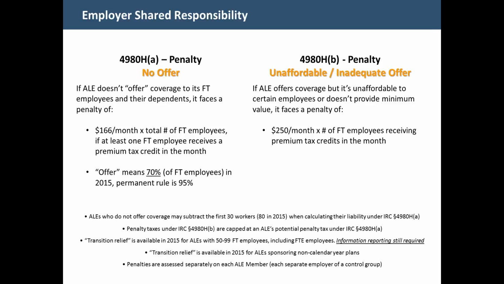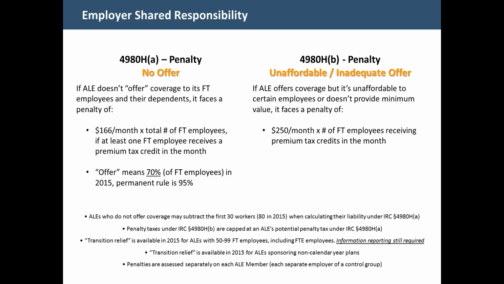There is some important transition relief that applies in 2015 only. Firstly, there is relief for employers that have between 50 and 99 full-time employees, including full-time equivalent employees. They are not subject to 4980H if they can meet certain transition relief criteria, but they are still required to report, to do information reporting.